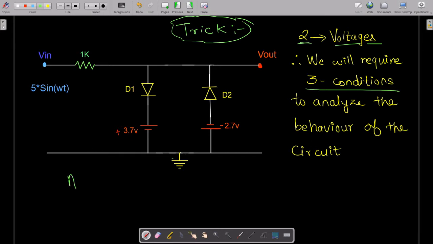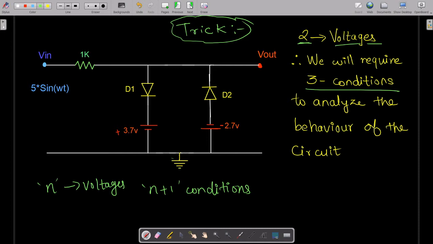If there are n voltages, then we require n plus 1 conditions to analyze the circuit. So this is a trick from my side to solve such circuits. Now we'll see what conditions we need to analyze this particular circuit.